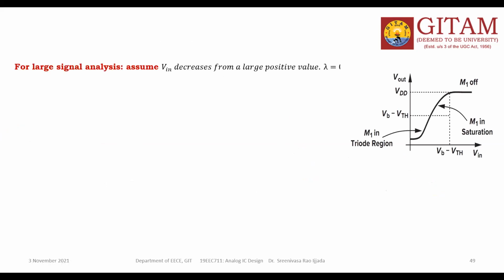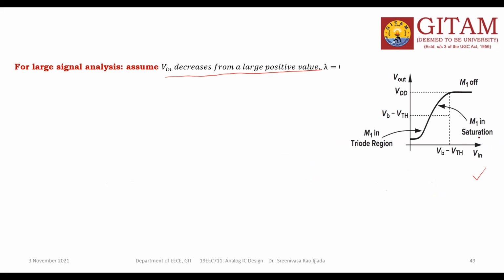So here, for large signal analysis, first assume Vin is decreased from a large positive value. If you see this picture, the x-axis is the input voltage and the y-axis is the output voltage.